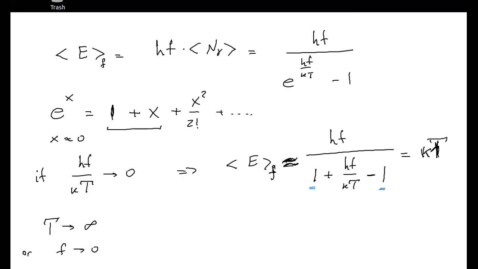So this result will stay for a long range of frequency, as long as you keep this parameter small. So the conclusion for this: if my hf is less than kT, then the ratio is small, and the average energy for a given frequency, as a function of frequency, would be proportional to kT.